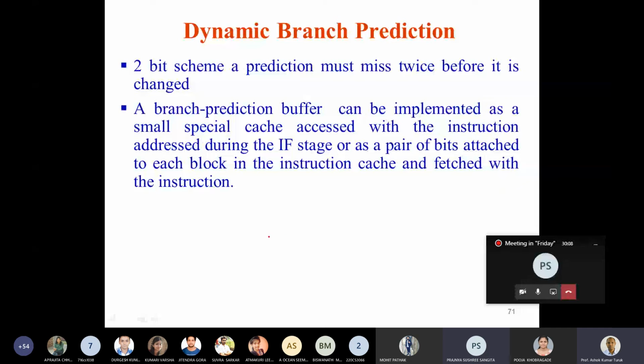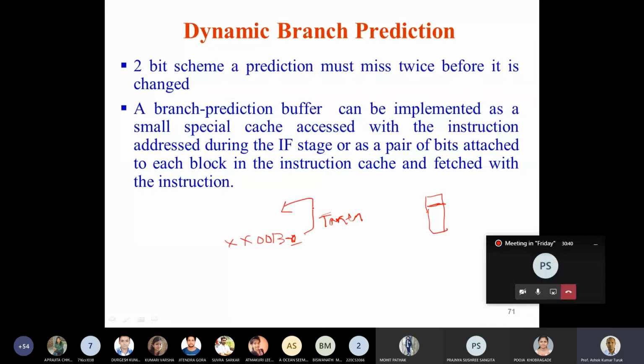So let's say this is my branch instruction with the address XX00. This is my buffer. Let's look at the steady state for this instruction. It is executing the branch, so it was always taken. What will happen to the last iteration of the loop? In the last iteration, it will not enter the branch.